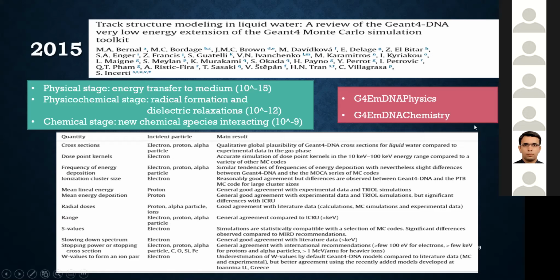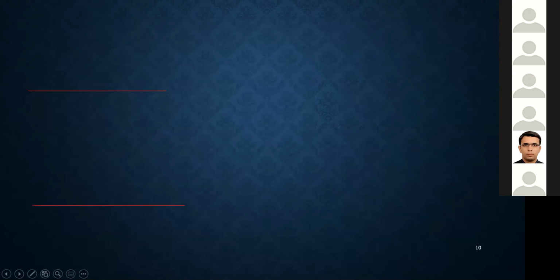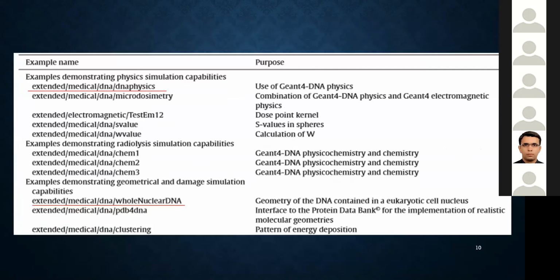In this table, you can see the different quantities that we can obtain with these constructors for the different particles. And also in this article it is really interesting that at this moment they present all the examples that Geant4-DNA has created.